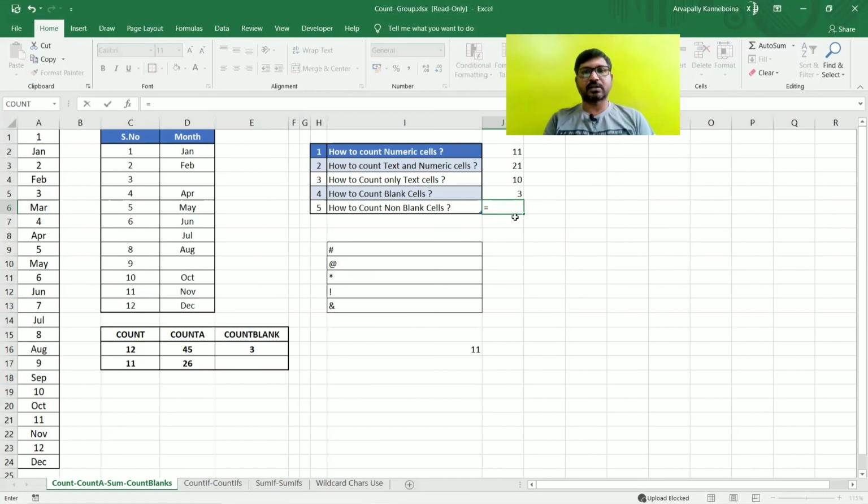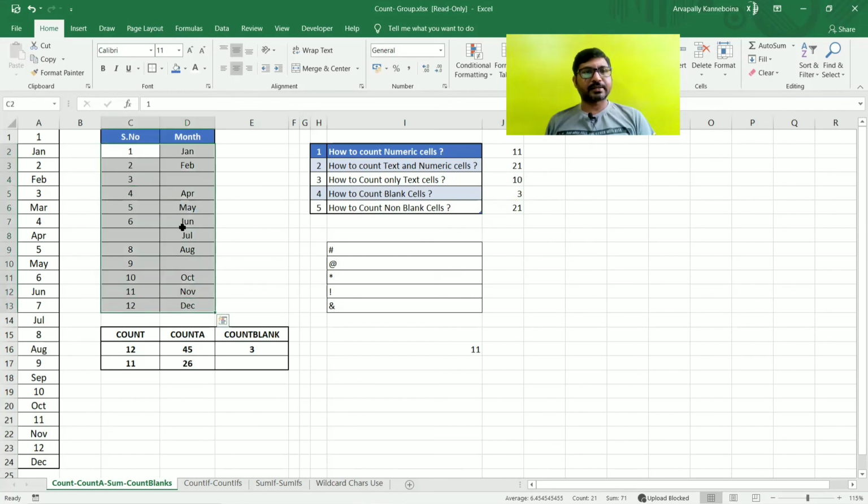Is equal to count A. Count A will count the non-blank cells in the specified range. Yes, the syntax count A. The total is 24. There are 3 blank cells. So it should be 21.